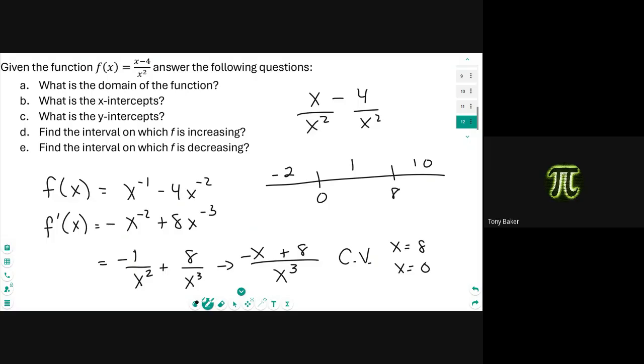Then we have to pick a number on each of those intervals and plug them in. So -2 would be 10 over negative, so that's going to be a negative. 1 would be a positive. And 10 is going to be a negative.